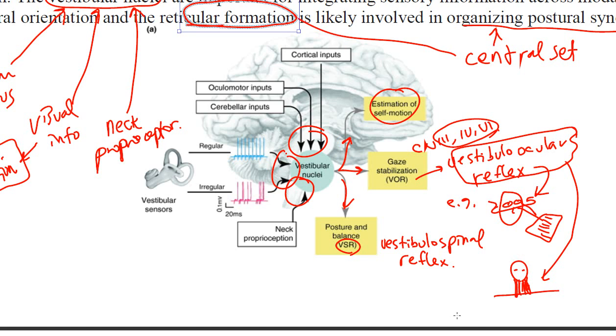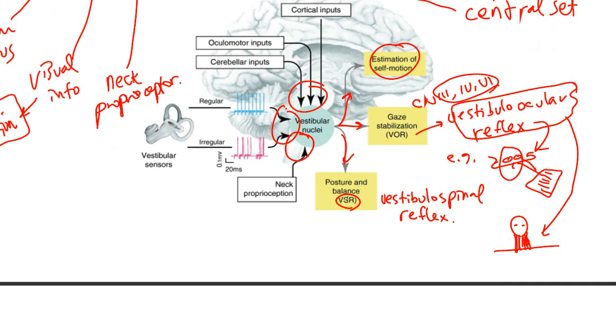So stiff neck is a common complaint for those who have lost their VOR function, gaze stabilization function. So I'm just saying if the vestibulo-ocular reflex is not working, as a result you'll have a stiff neck.